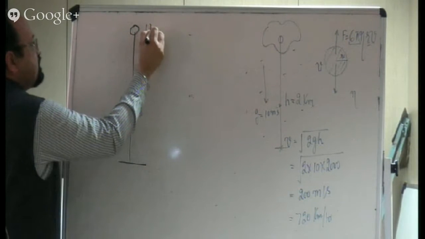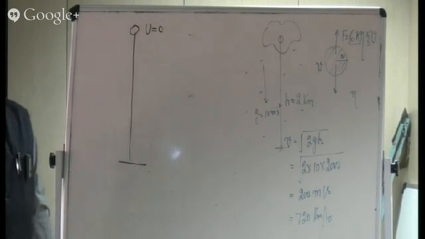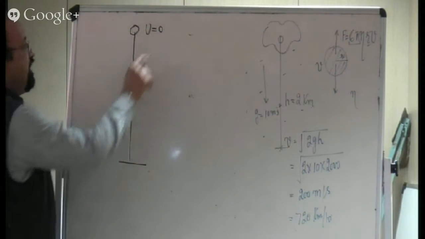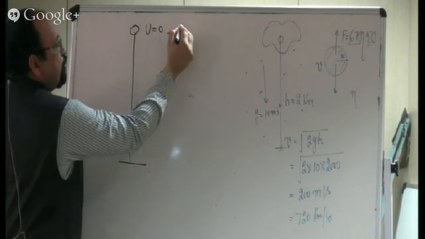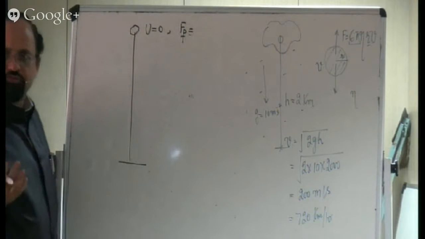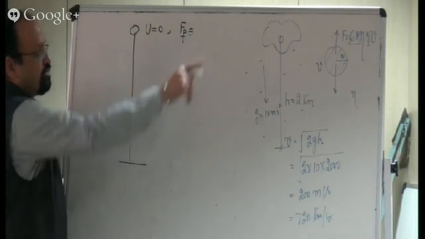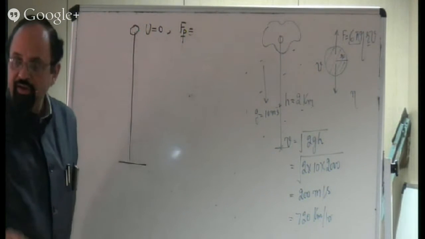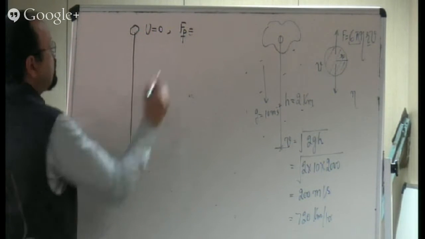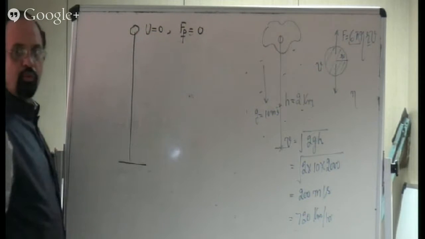Its initial velocity is 0. When the initial velocity is 0, the force of friction, let me put this as Ff, Ff means force of friction. Because of the formula, since v is involved here, v is 0 means there is no force of friction. So the force of friction is 0.